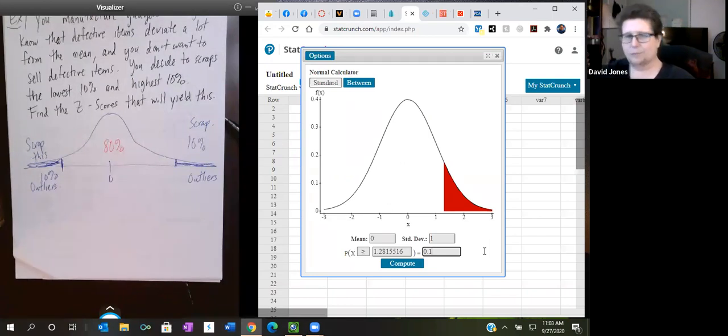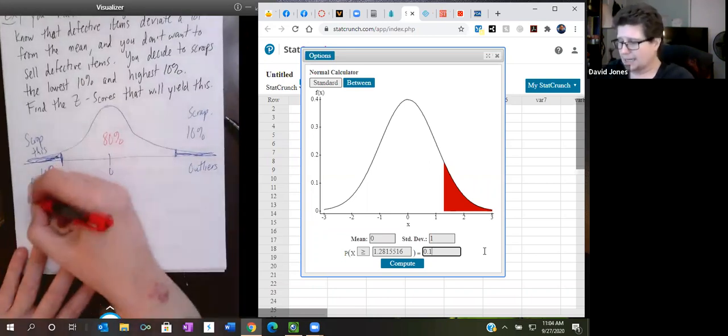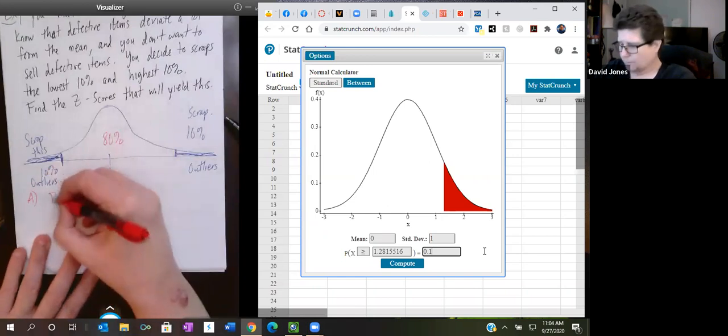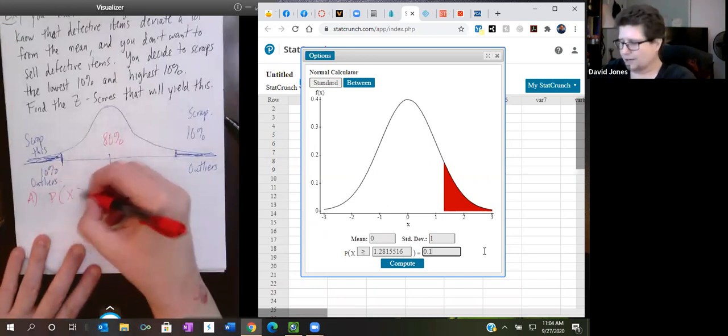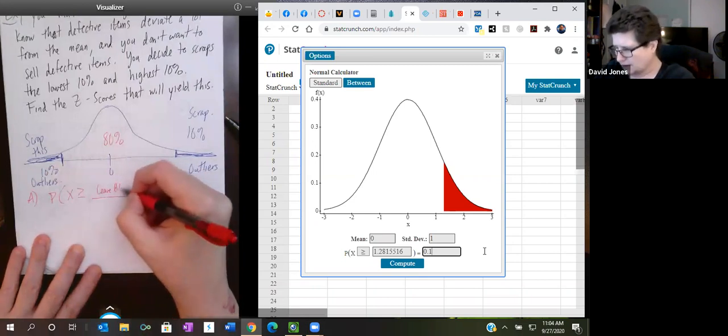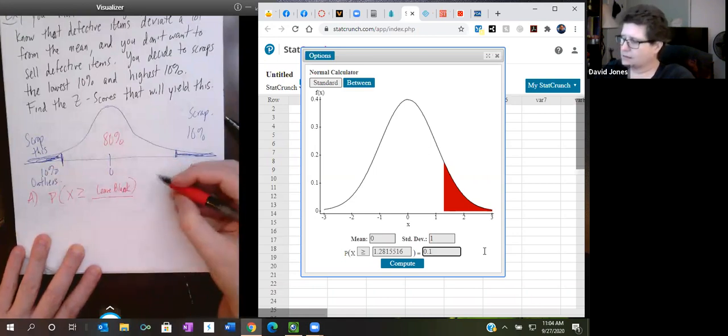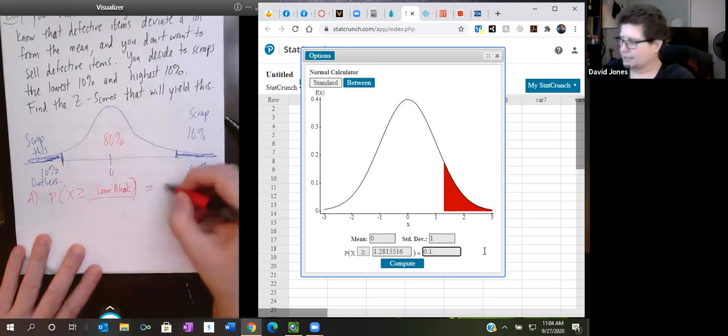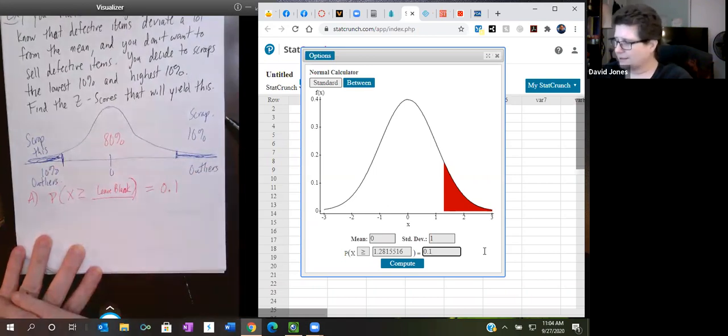Or that's greater than 0.1. So, option A, probability that X is greater than, leave blank here, and then we're going to put in 0.1 over here.